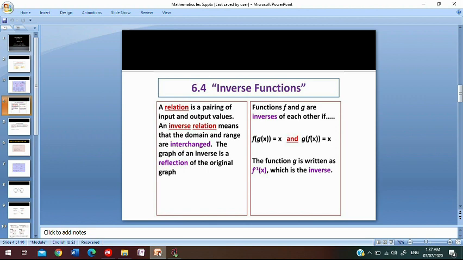we have discussed the composition of two functions, and these two functions are inverses of each other if f of g of x is equal to x and g of f of x is equal to x.